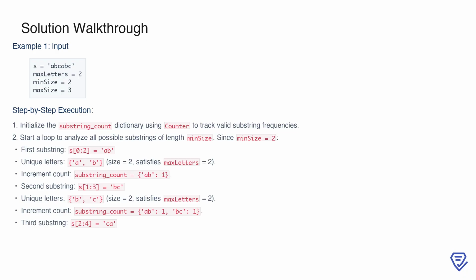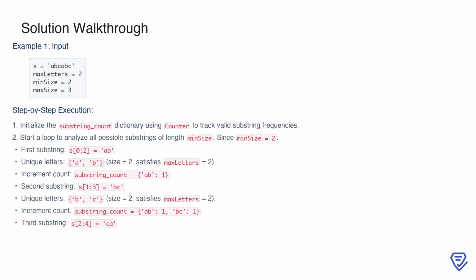For the first substring, s[0:2] equals ab, we find that it contains 2 unique letters, a and b, which satisfies the maxLetters condition. We increment its count in substring_count, resulting in ab:1. Moving to the second substring, s[1:3] equals bc, we again find 2 unique letters, b and c, meeting the condition.